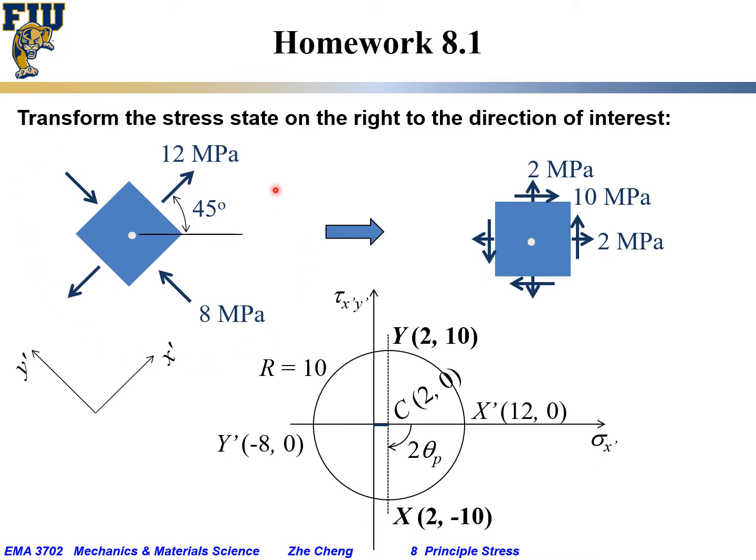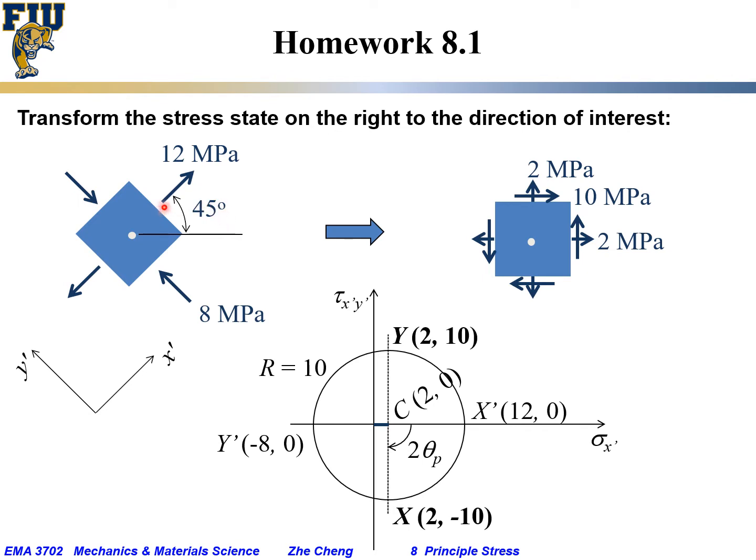Starting from this stress state, assuming this is our x prime direction and this is our y prime direction, we would know the coordinates for two related points on the Mohr circle.